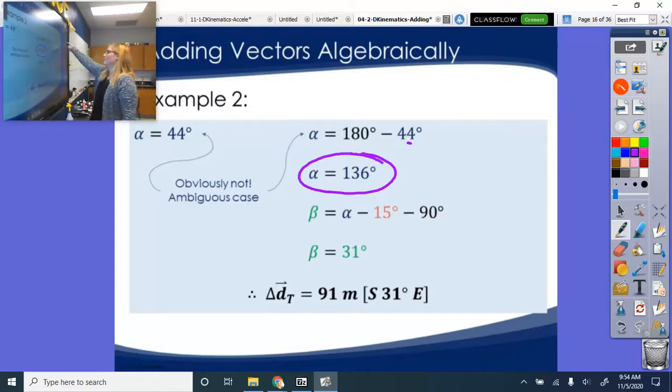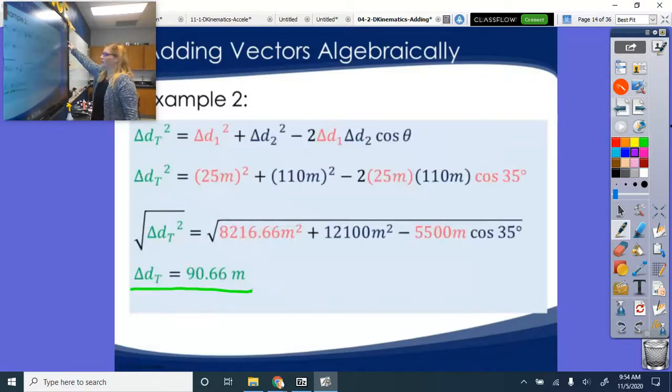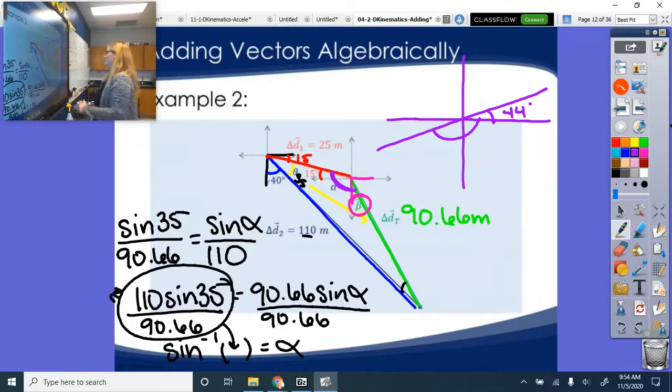So now I'm going to go through, and I know this is getting complicated. Let's go ahead and erase this. So I know, oh, no, just kidding. I know what my alpha is, and my alpha includes this 15 and this beta.